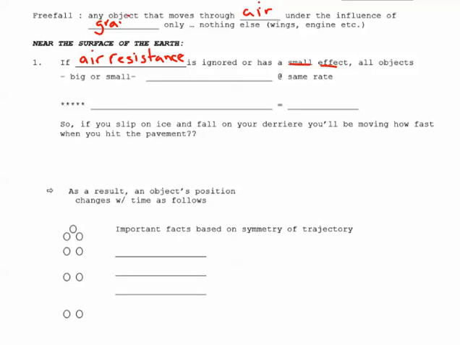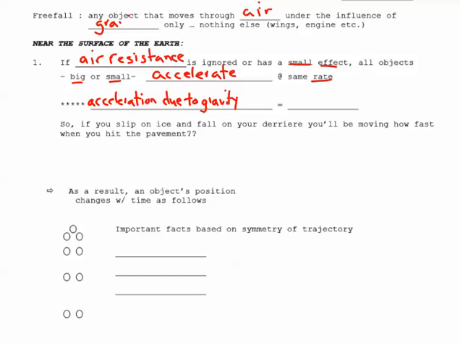But all objects, big or small, bowling ball, marble, we saw with a penny or feather, when there's no air resistance, they all accelerate at the same rate. And that rate, we know the value here on the surface of the Earth, okay? It's so important we give it its own name. It's called the acceleration due to gravity, okay?